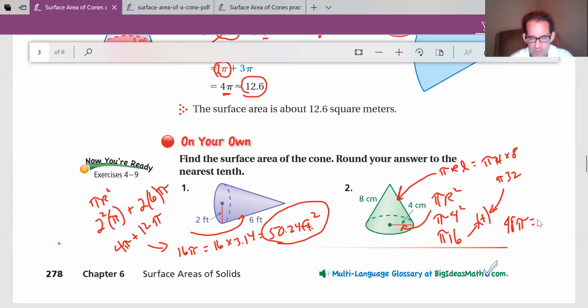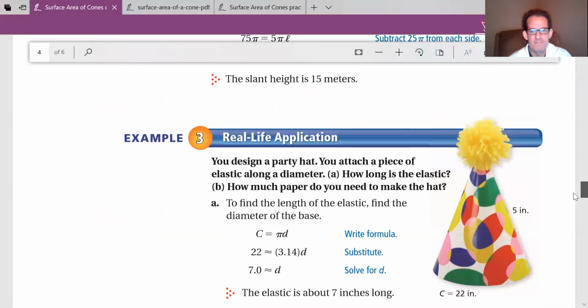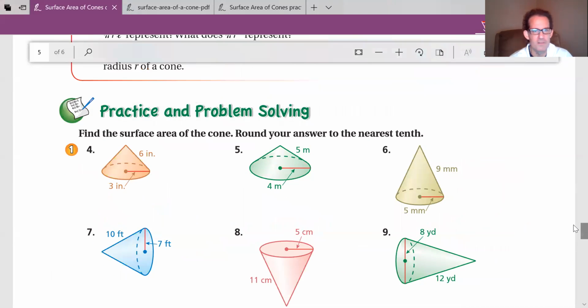This is where I would use my calculator. 48 times 3.14 equals the surface area of 150.72. So 150.72 square centimeters is the surface area of this cone. Just a couple steps to solve that. Let's look at a few more examples together.